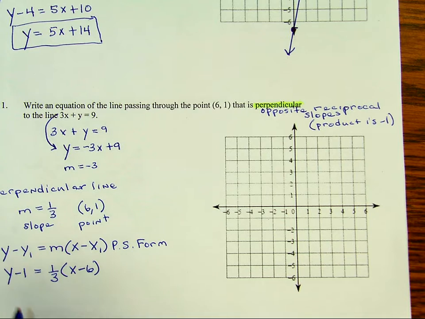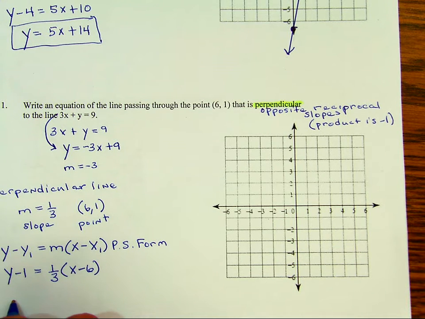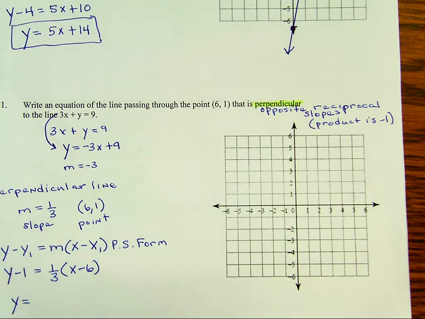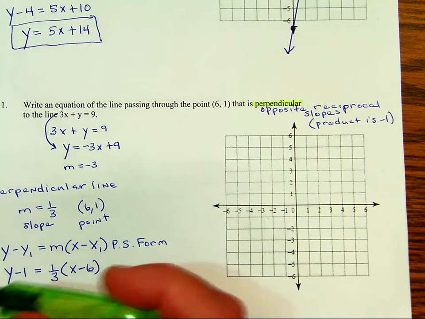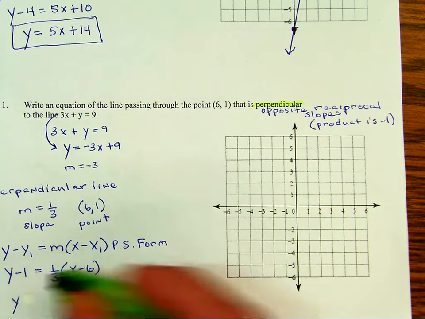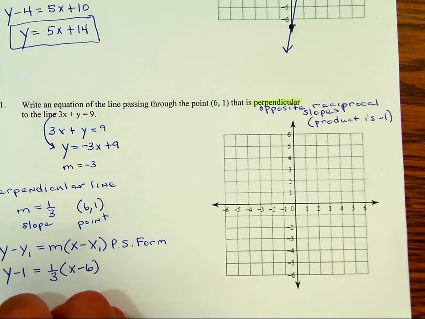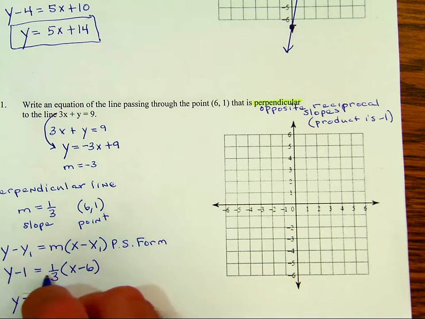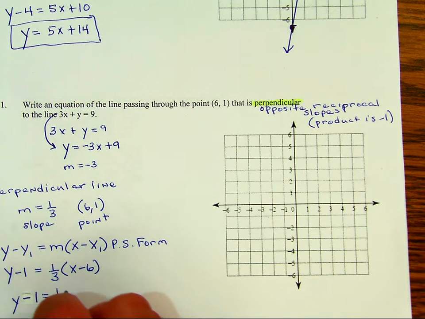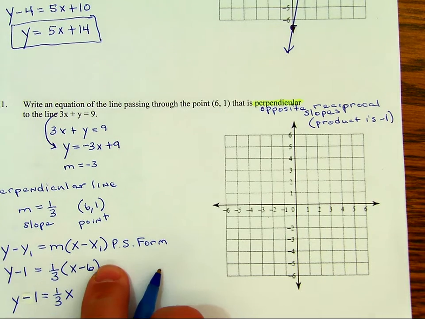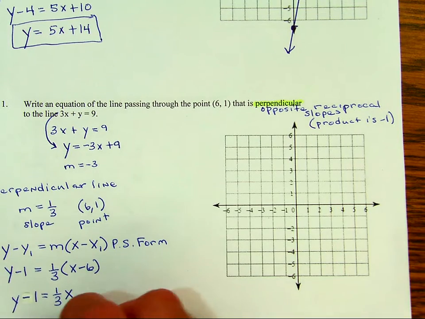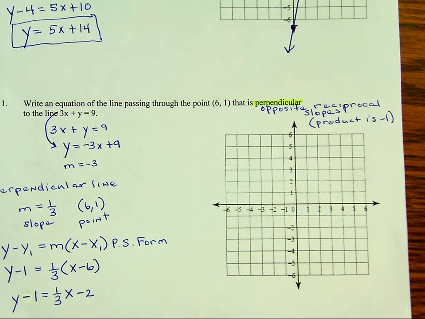Okay, I'm going to distribute the 1/3 to everything in parentheses. So it should say y minus 1 equals 1/3 times x is 1/3 x. 1/3 times -6 is -2.